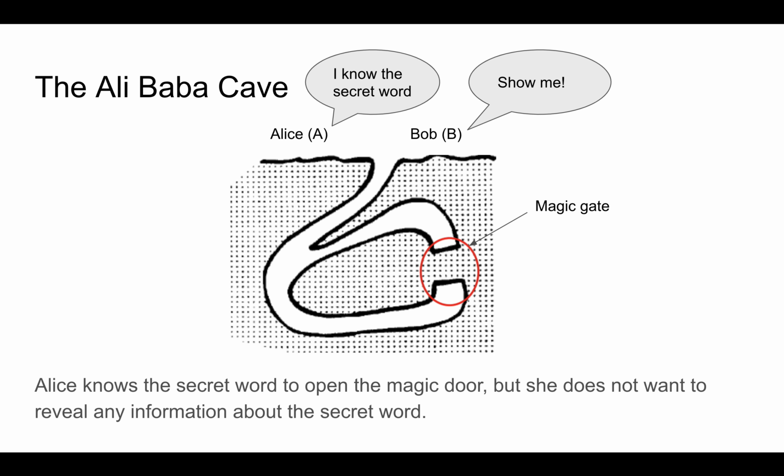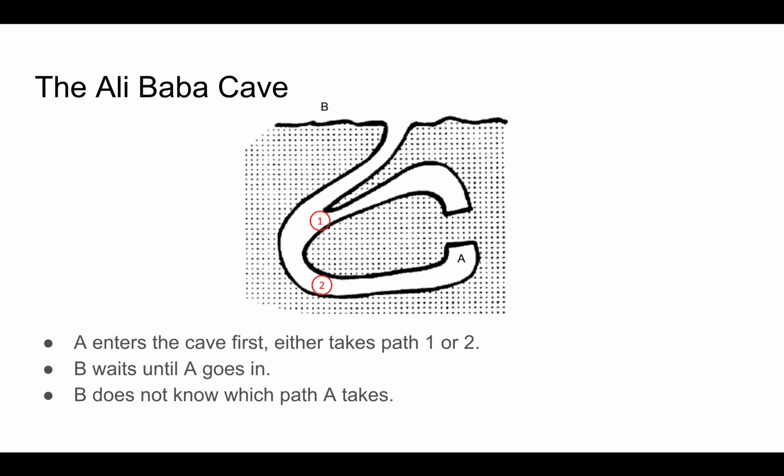To achieve this goal, they can do the following process. First, both Alice and Bob come to the cave and Alice enters the cave first. Note that there are two paths leading to the gate. Alice can take either path 1 or path 2. Bob will wait until Alice goes in.